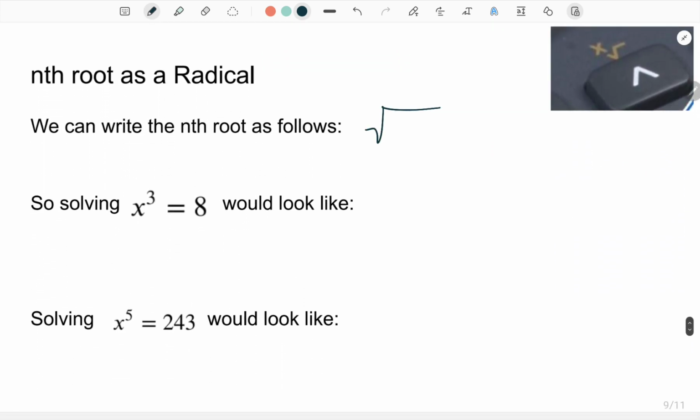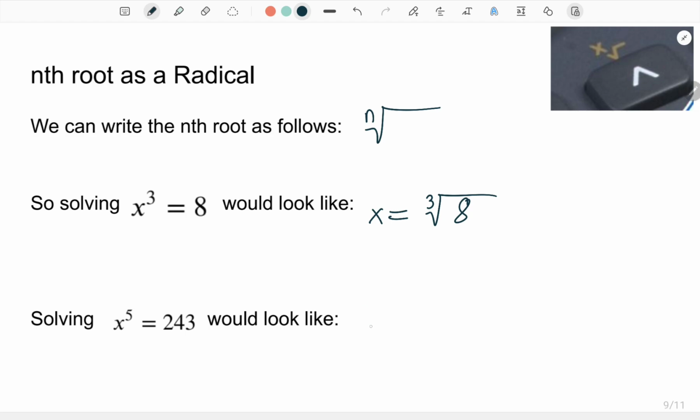So we write down a radical, just like we always would. But now, in the top left corner, we just write down whatever the value of the root we want to take. So if you want to take the third root, like below, where we're saying x is the third root of 8, or the cube root of 8, just replace that with a 3.